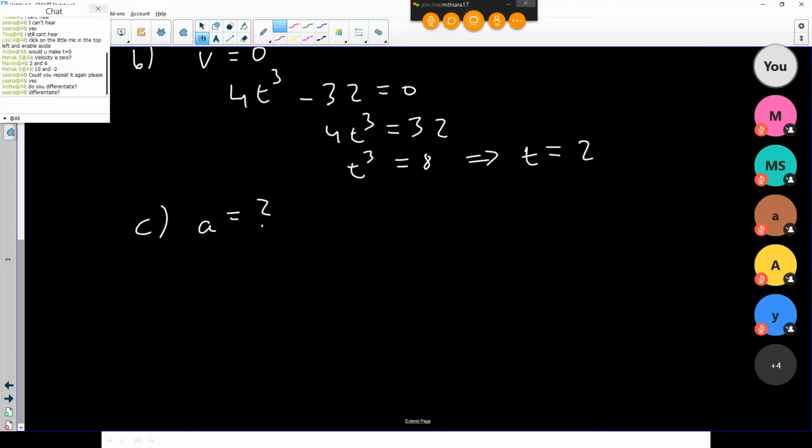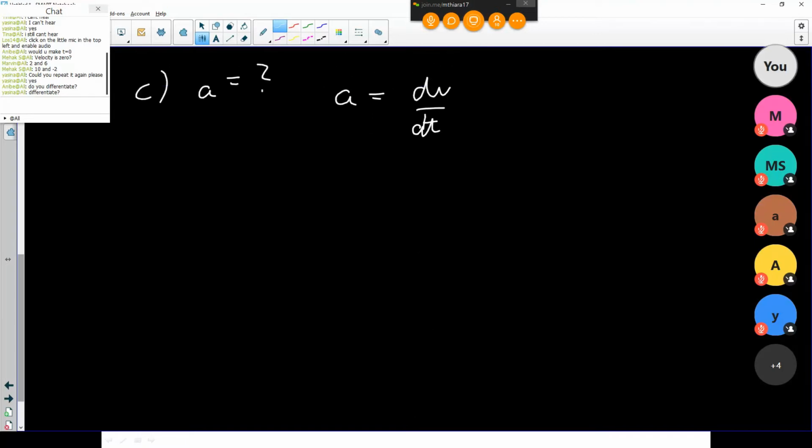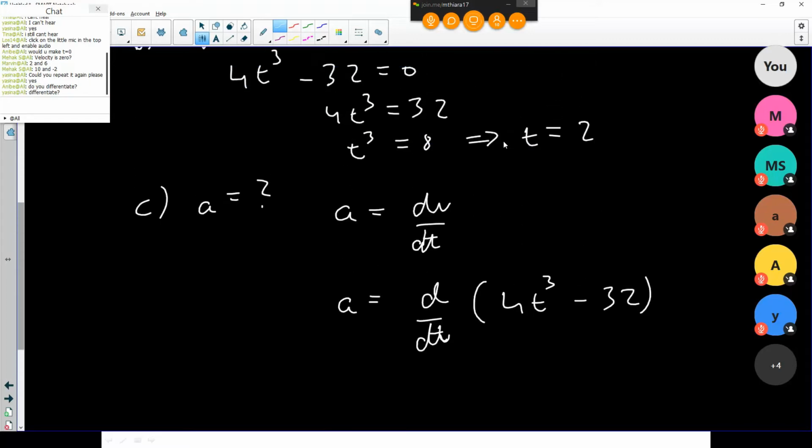Well, again, we know that acceleration was equal to dv by dt. That is what acceleration was equal to. So acceleration therefore is going to be equal to d by dt of 4t cubed minus 32, because that was our formula for v.